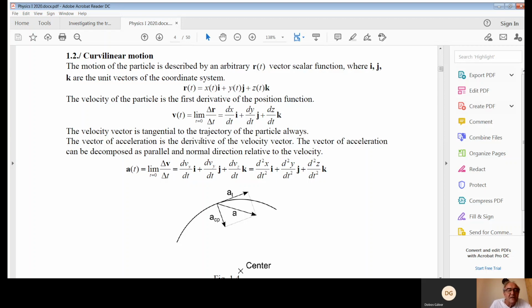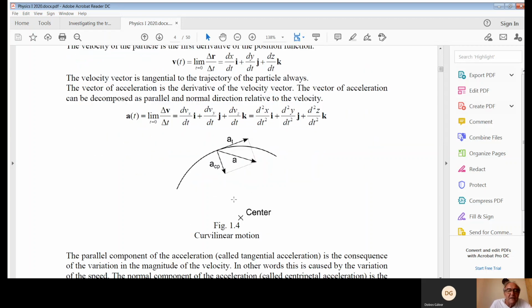The acceleration vector is the derivative of the velocity vector. The vector of acceleration can be composed of parallel and normal directions relative to the velocity. So if we differentiate this one, all these second derivatives will show up, but here the acceleration can be decomposed into a parallel and a normal direction acceleration, which is called the centripetal acceleration.